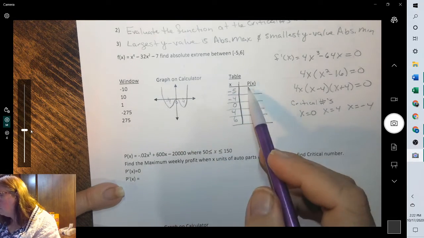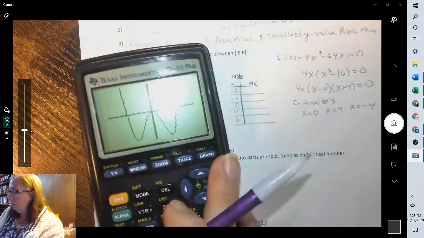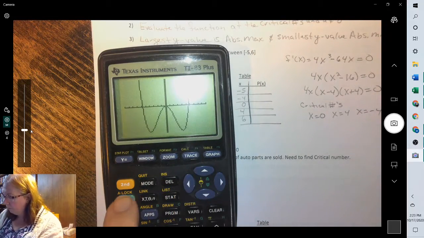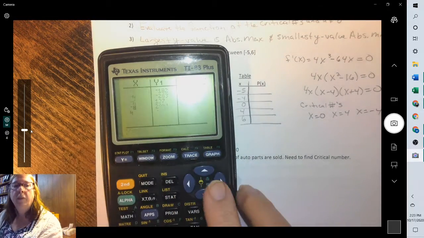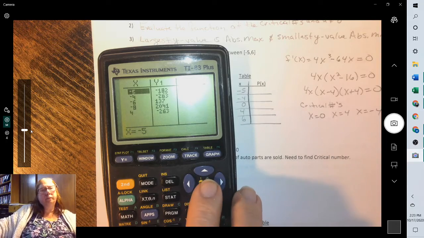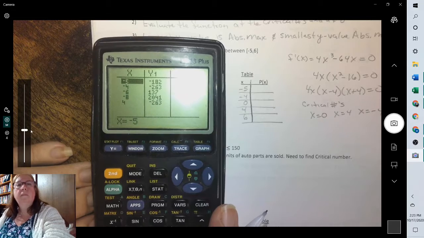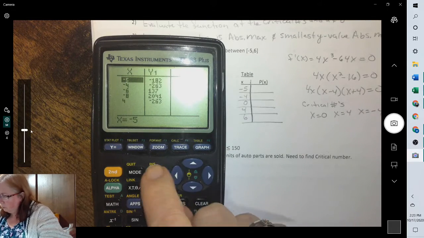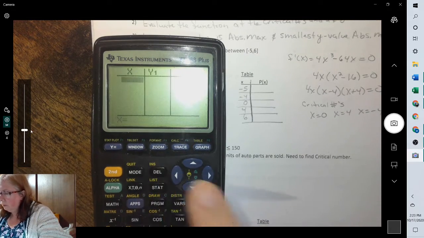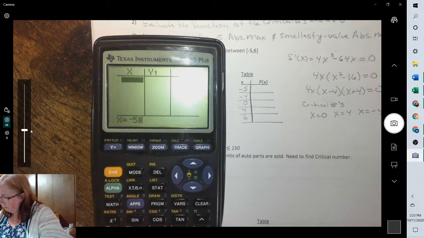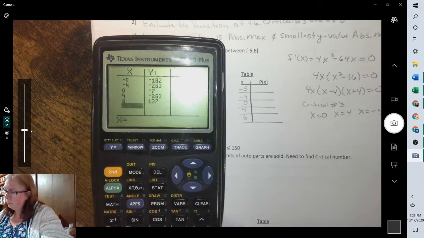Now I graphed it so it's under y equals. I can go to my table and plug it in. I'm going to delete these. We want -5, -4, 0, 4, and 6.